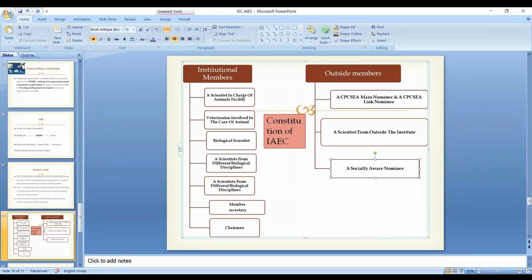From the institute, the chairman and member secretary are both from the same institute, but in the ethics committee, the chairman is from outside. Here you can see that the CPCSEA main nominee is there, who is more powerful than the chairman. If he is not approving, the chairman cannot do anything.